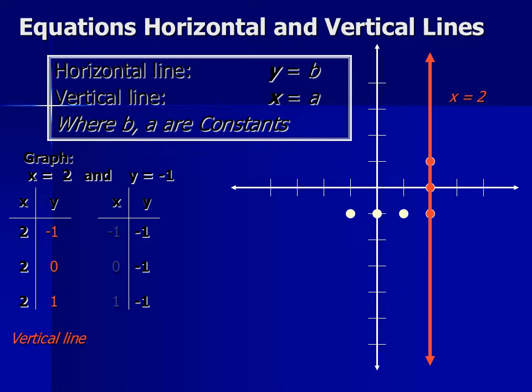You can see we plot 3 points on the coordinate plane. We will join them to form a line. This line is a horizontal line parallel to the x-axis and perpendicular to the y-axis. The equation for this line is y equal -1.